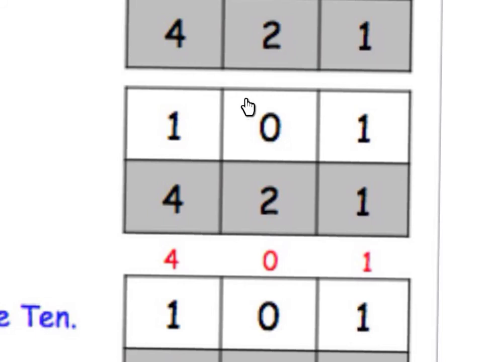We know our number is 101, so we're going to take that 0, and since this is in the second place value, we're going to multiply 0 and 2 together, and anything times 0 is 0. Then we're going to go to our 4's place value. We know a 1 is in that place value, so 1 times 4 is 4. Let's zoom out and see what our last step is.